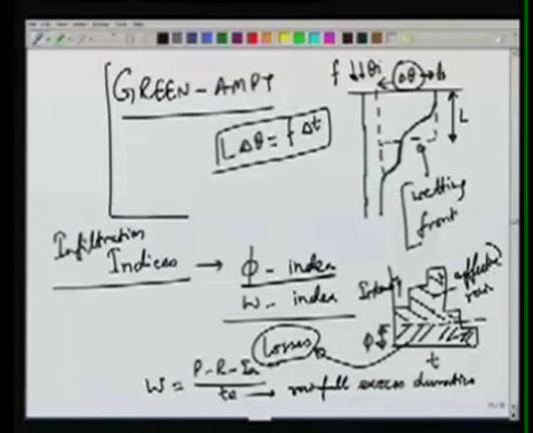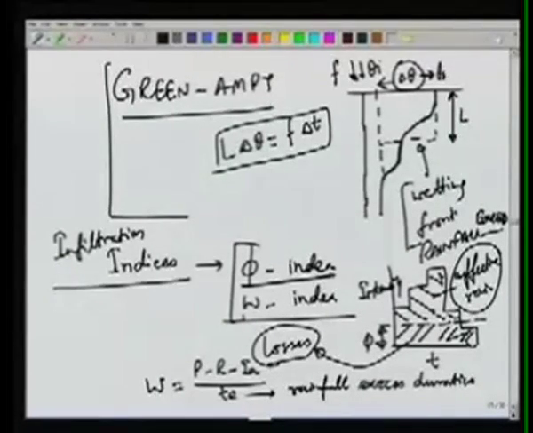So this we can call effective rain, or we can also sometimes call it rainfall excess, which represents the amount of rainfall which causes runoff in this case. So these 2 indices, phi and W indices, have been commonly used to represent the infiltration.